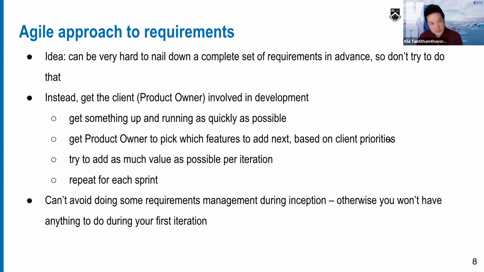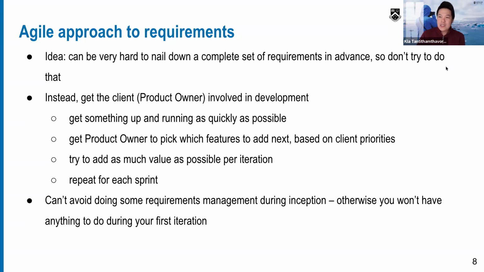That's what we're going to talk about for the whole lecture: the agile approach to requirements. The idea is that in the real world, completed requirements never exist. Sometimes we don't know what is unknown, so we really don't know whether it is complete or not.